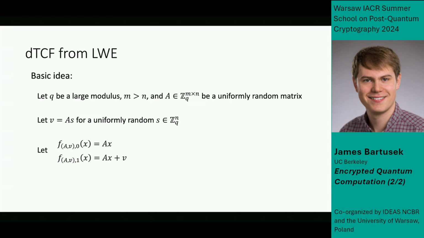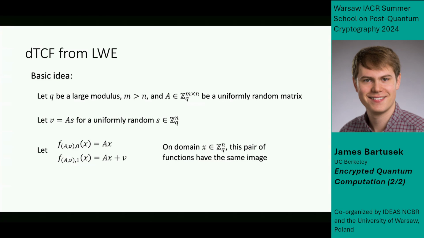The function itself is going to be determined by A and V. For my 0 function, on input X, which is a vector in Z_Q^N, I'll just output A times X. So this function is just evaluating this linear map defined by A. Whereas my 1 function is the same thing, but I'll add V to it, right?